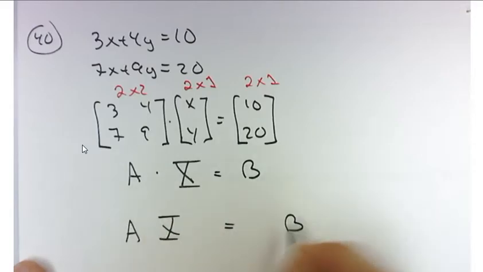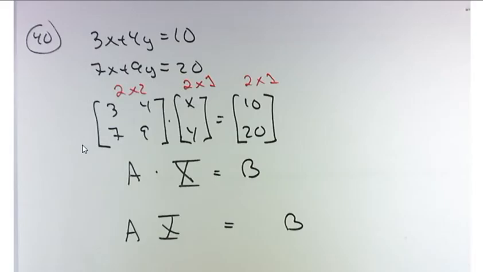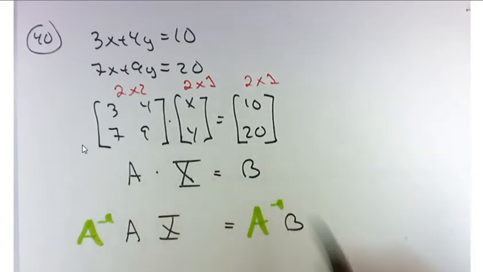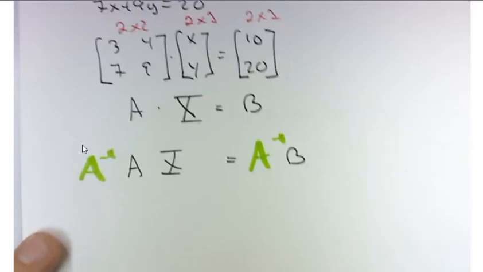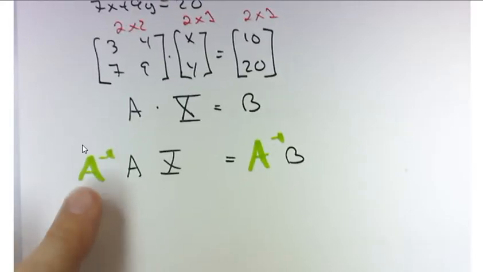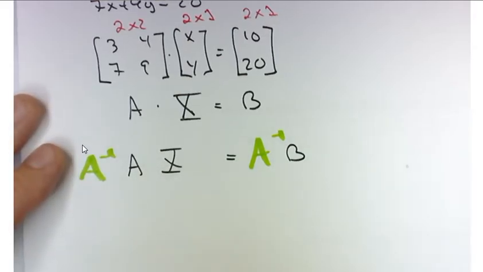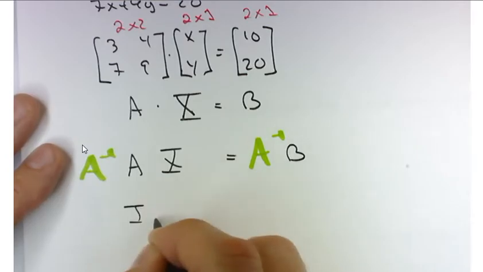let's take a look at what would happen if I multiplied both sides of this equation by A inverse. Now some of this is going to be kind of predictable. A number times its inverse, or a matrix times its inverse, is going to give you the identity. So it's going to give you the matrix version of 1.